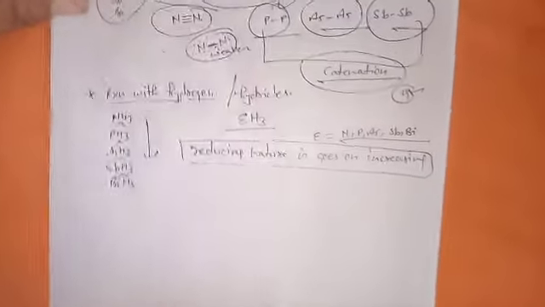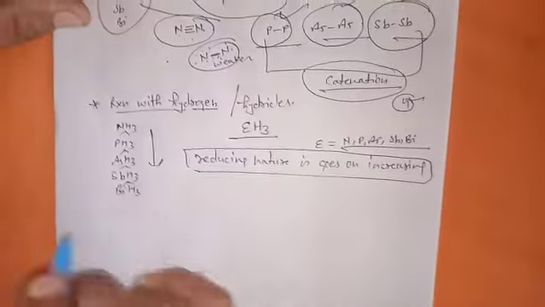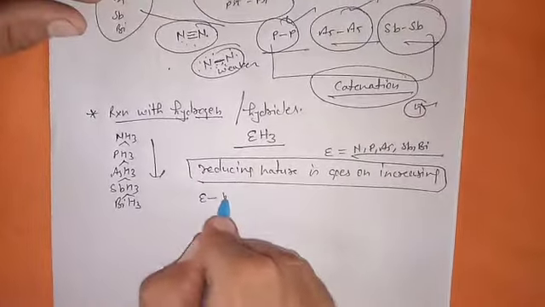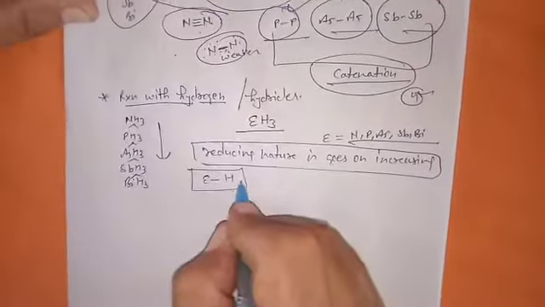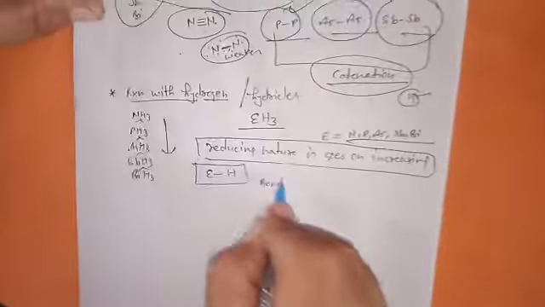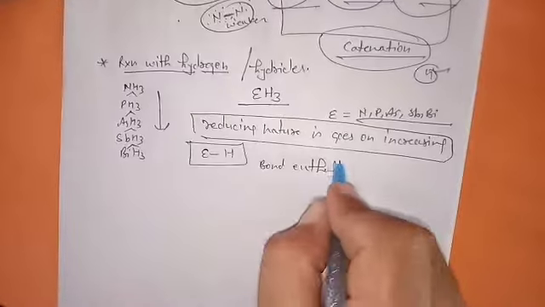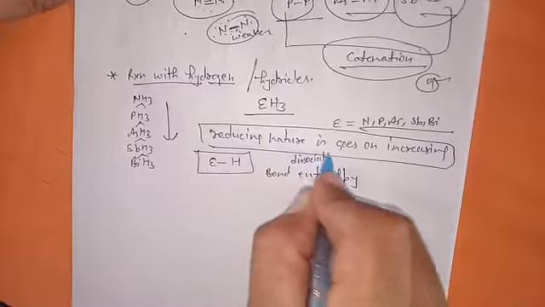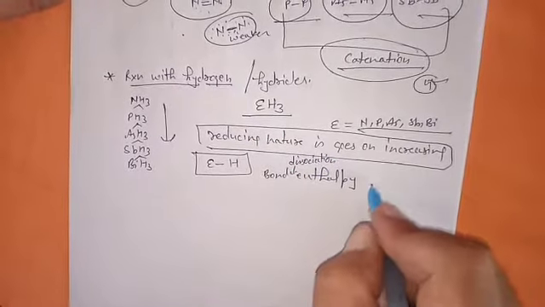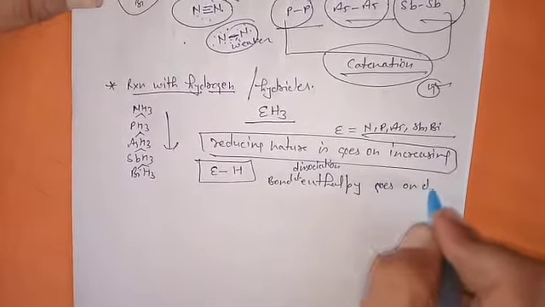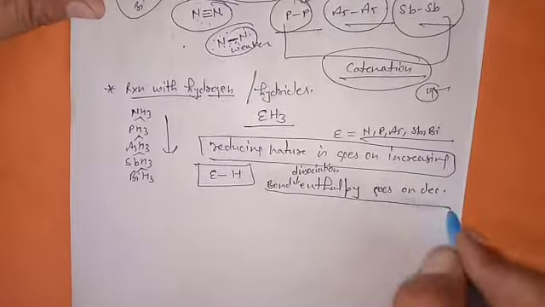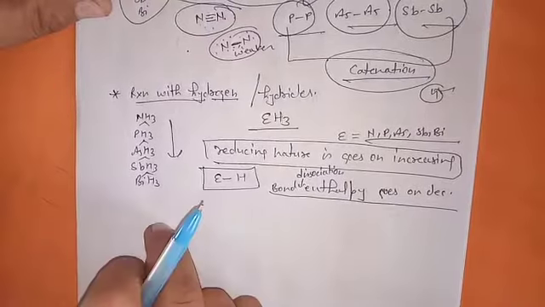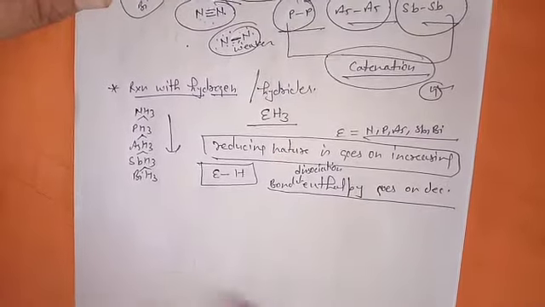But why? Because if you compare the E-H bond, the bond dissociation enthalpy goes on decreasing. If bond dissociation enthalpy goes on decreasing, it will lose hydrogen more readily and act better as a reducing agent.